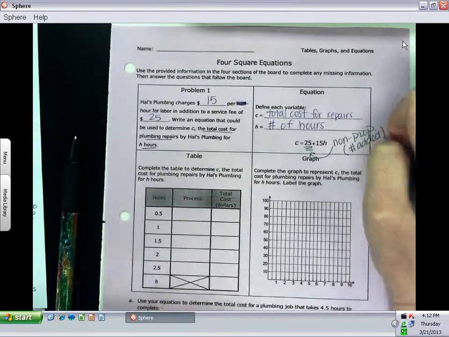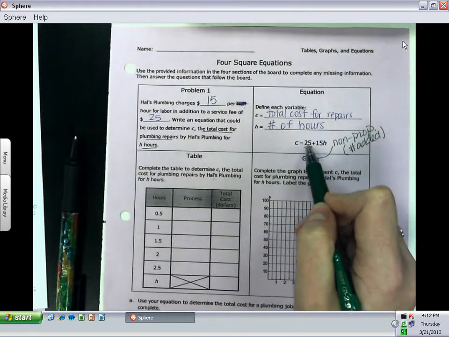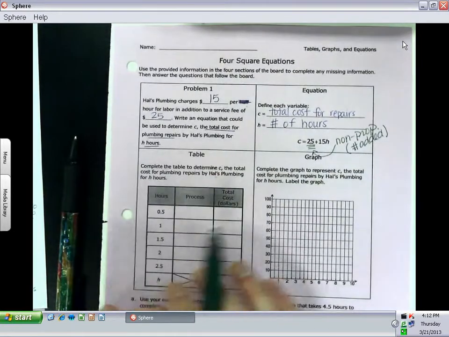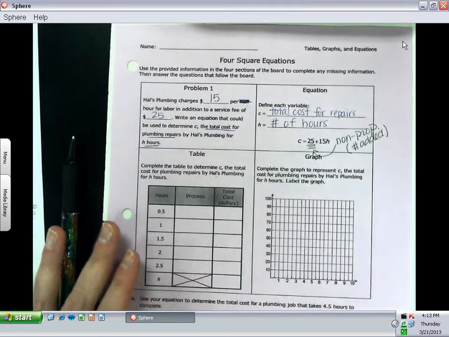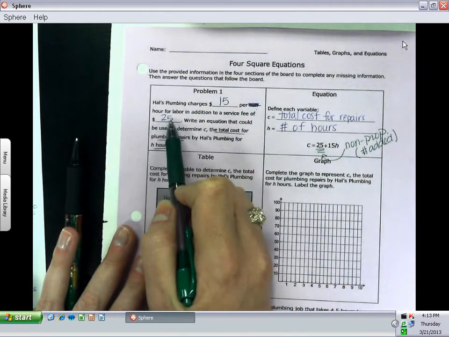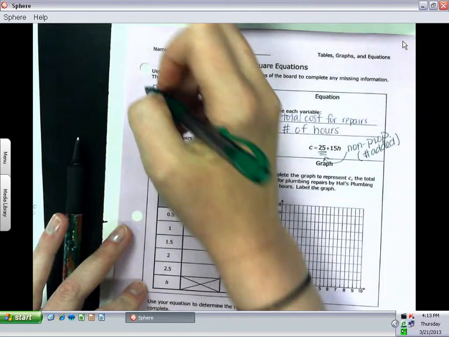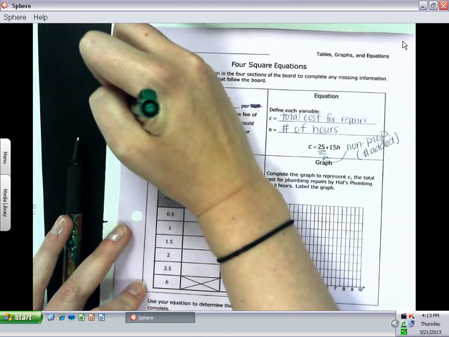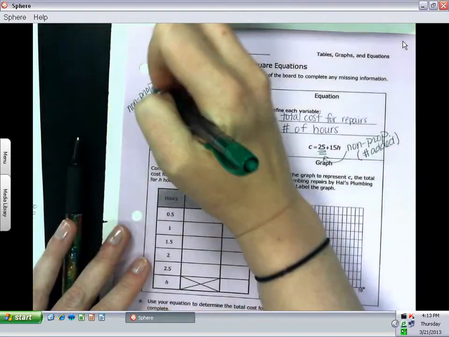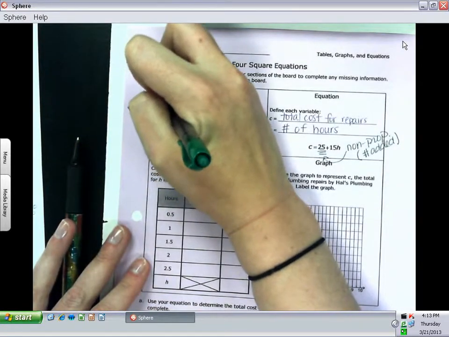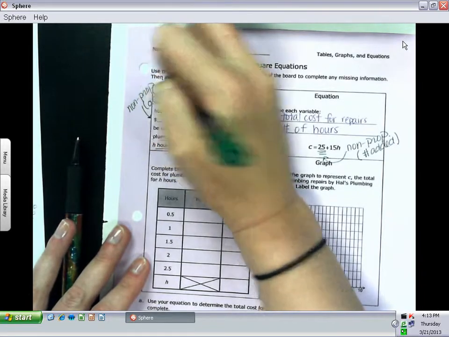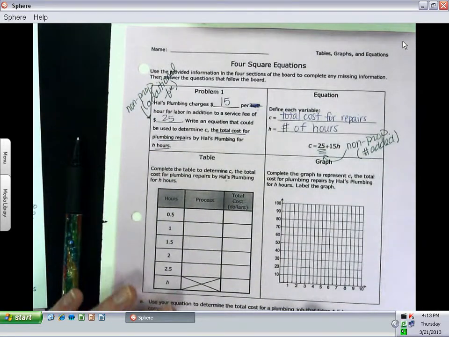Remember, a proportional relationship has no B. We call that the letter B. So if I go back to my situation and I want to decide if it's proportional or non-proportional, I've got my $15 per hour, but I also have an additional fee. So draw an arrow to that and write non-proportional. And it is non-proportional because of the additional fee that you have in the situation.